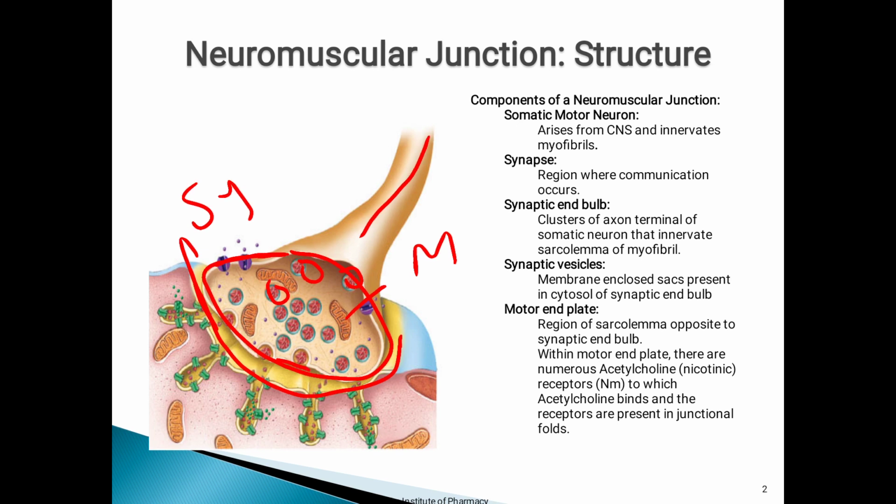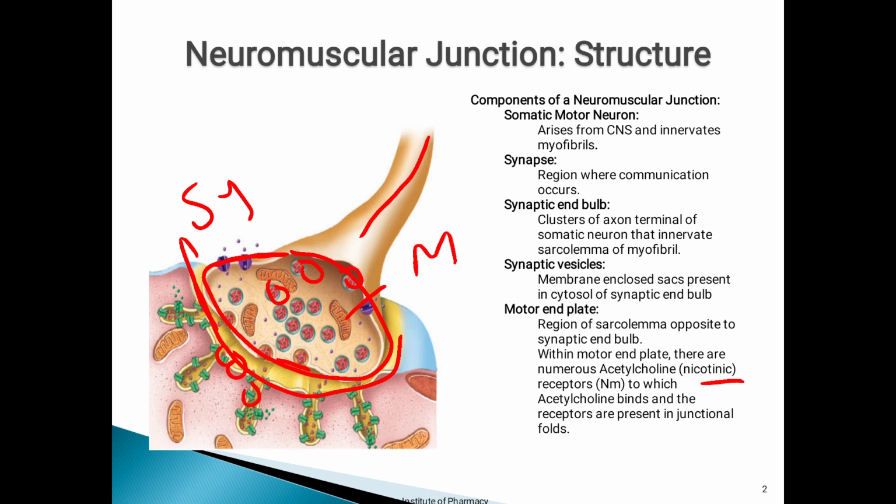Within the motor end plate there are numerous acetylcholine receptors. What you can see here in green on this motor end plate are receptors. The receptors in this case are nicotinic receptors. It is not required for you to remember this name; you will be studying it in your higher classes.